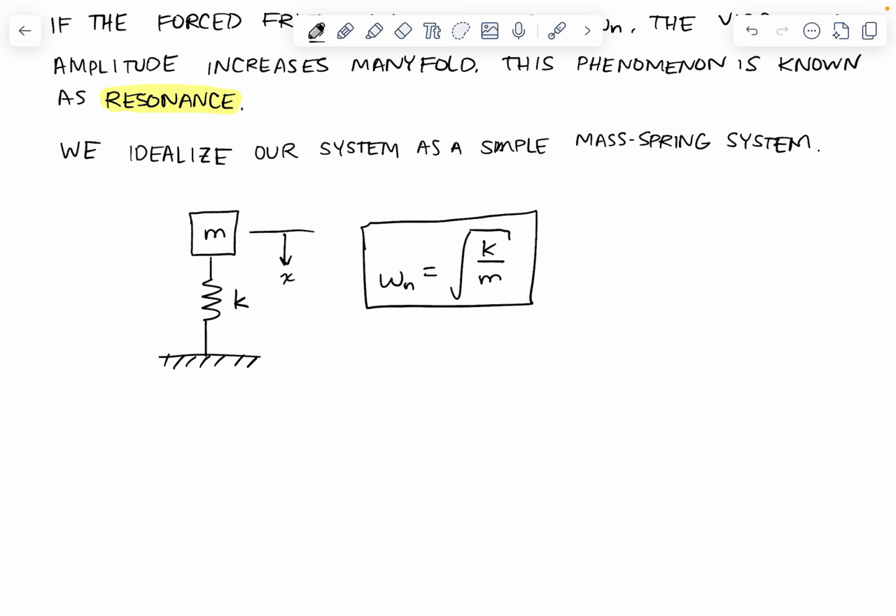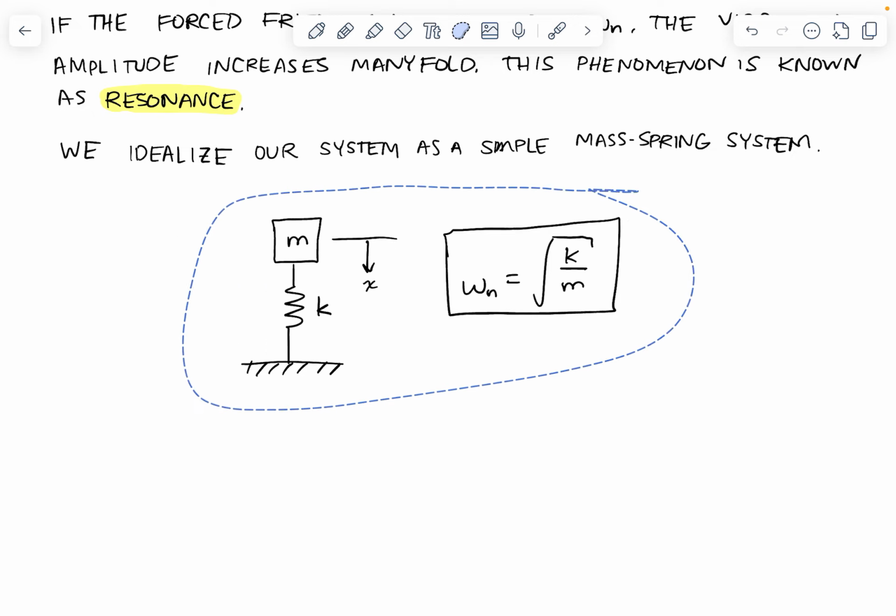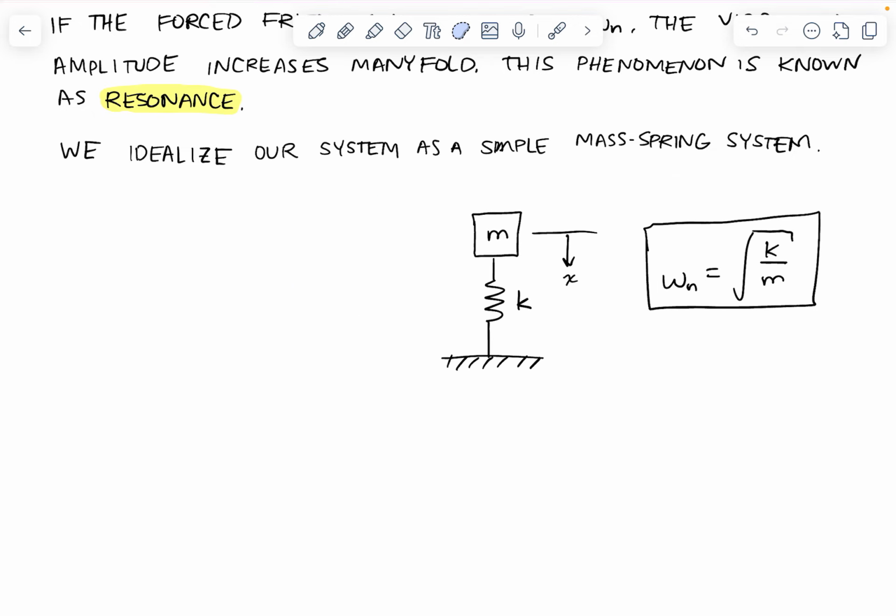The mass is going to come from the mass of your shaft, right? Because remember that what we're doing here is we're making a model of some shaft that we've designed, and we're saying that it's equivalent to this mass spring system for the purposes of our vibration analysis.